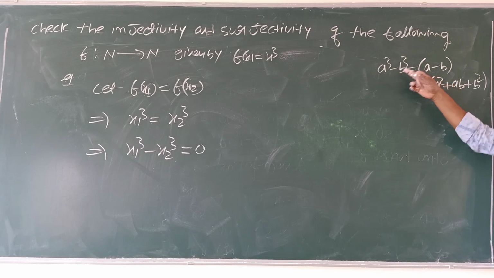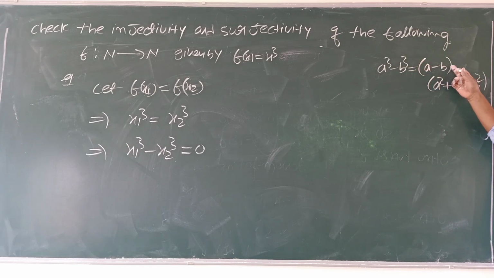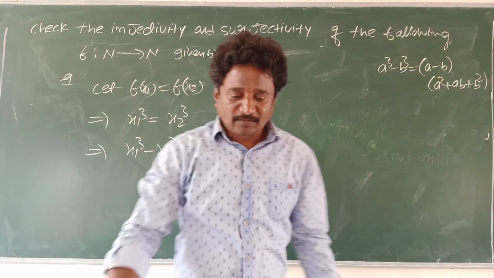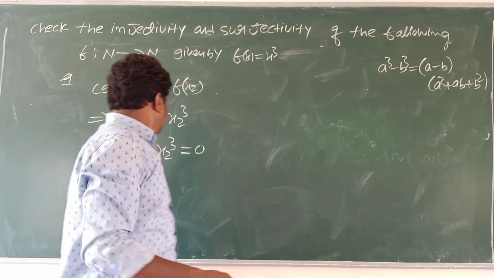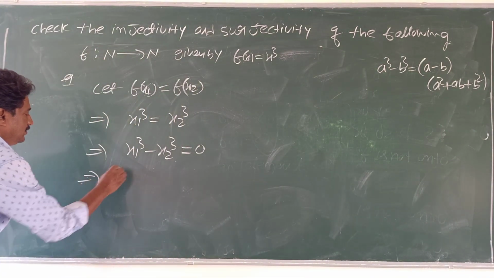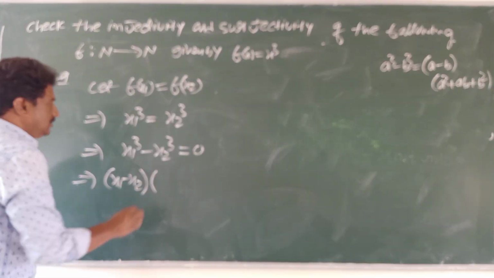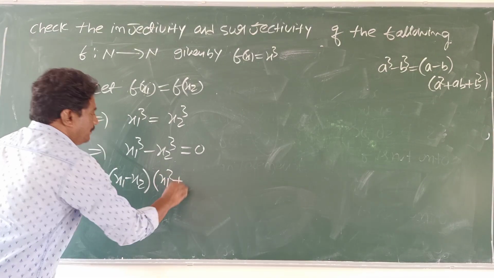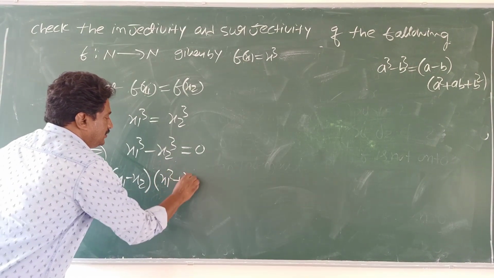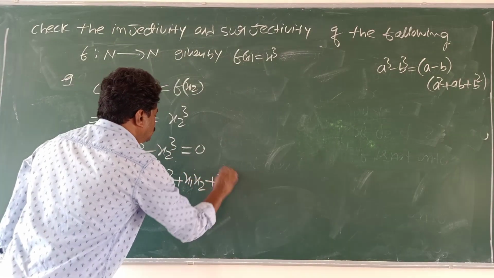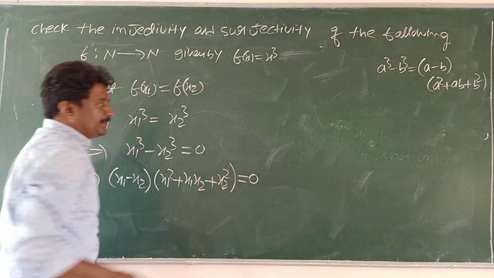Apply that formula. So a minus b is x1 minus x2, into a square, x1 square, plus ab, x1 x2, plus b square, x2 square, is equal to 0.